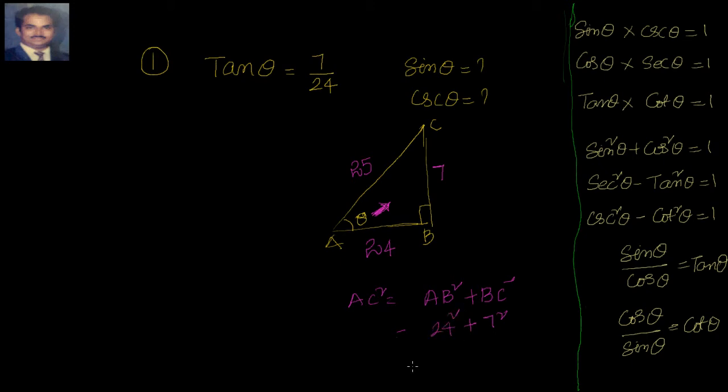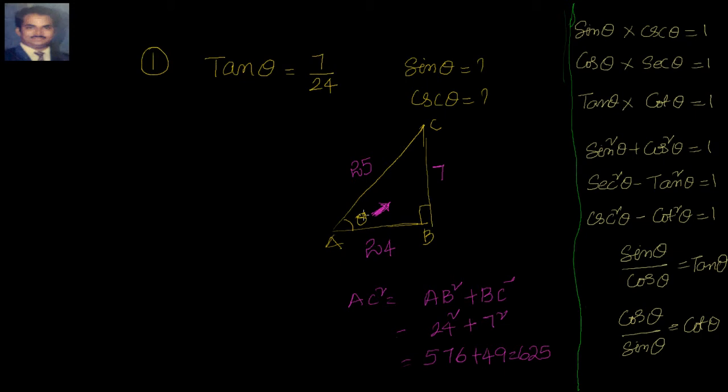This is nothing but equal to 576 plus 49, that is 625. So I know the square root of 625, AC, is 25.